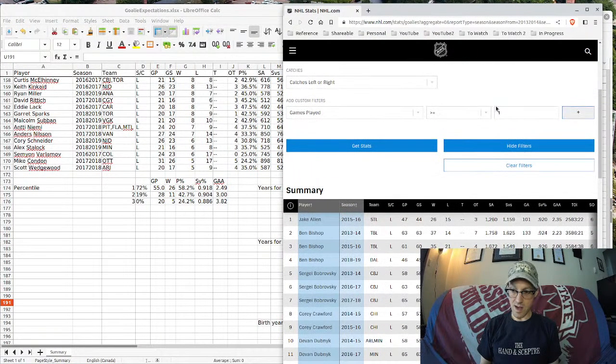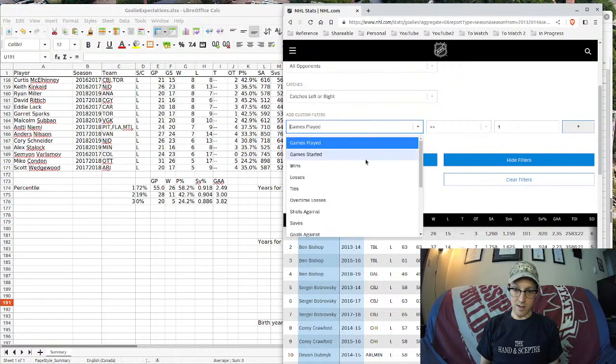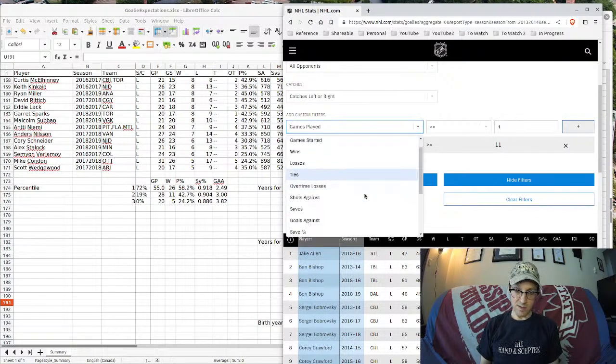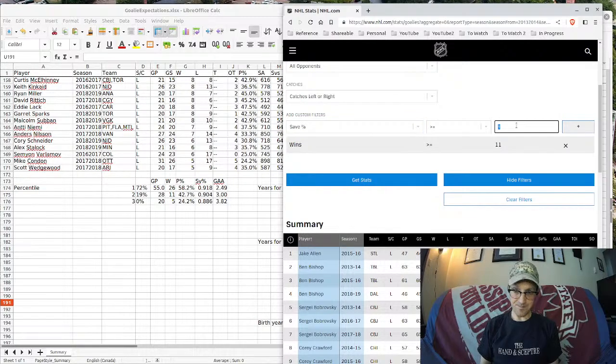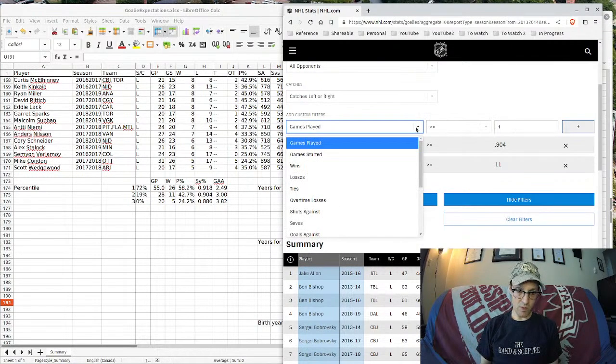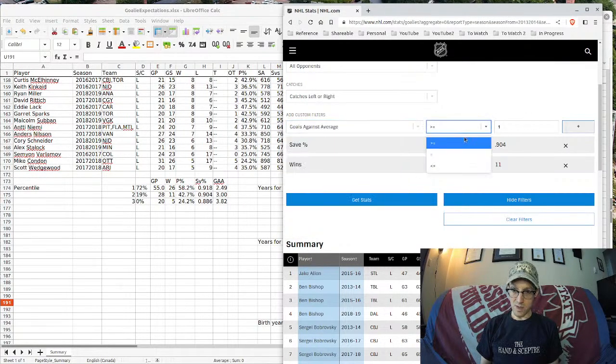Okay, so now we want wins to be 11. We want save percentage to be 0.904 or greater, and we want goals against average to be less than or equal to 3.00.